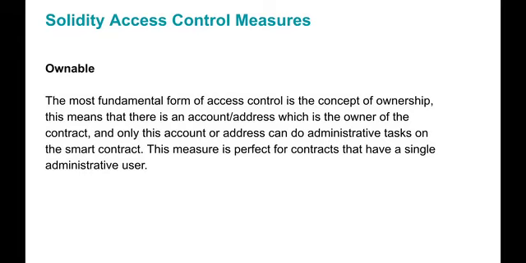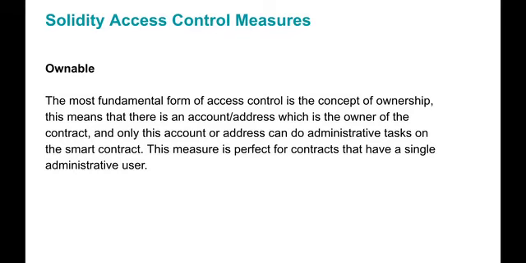Ownable is one of the OpenZeppelin contracts that we use mostly in our contracts for security in the aspect of access control. This is one of the most common. We are all familiar with it, I'm sure.